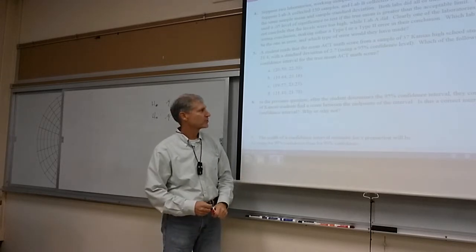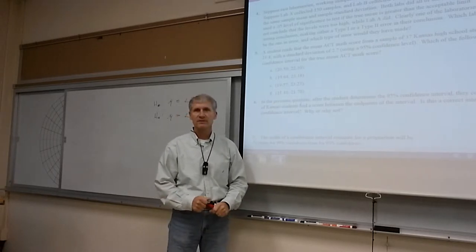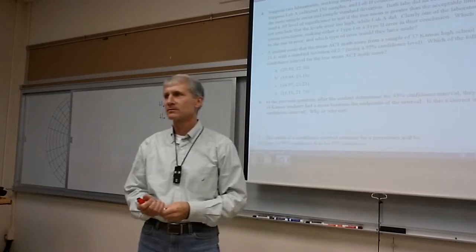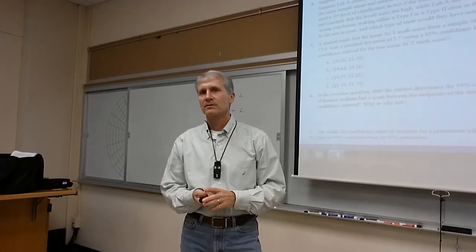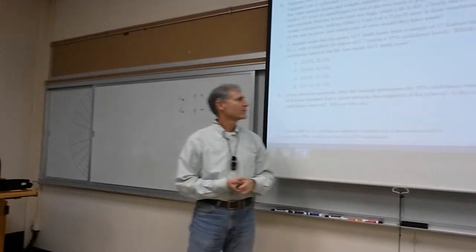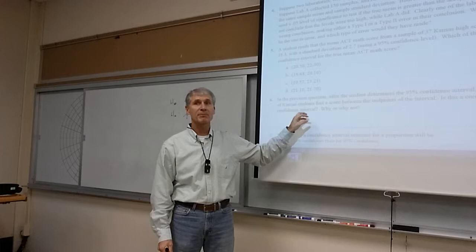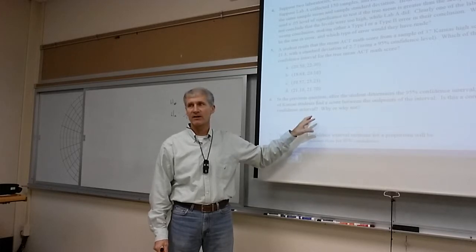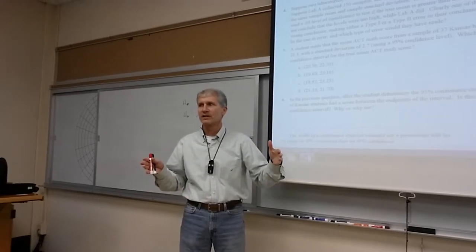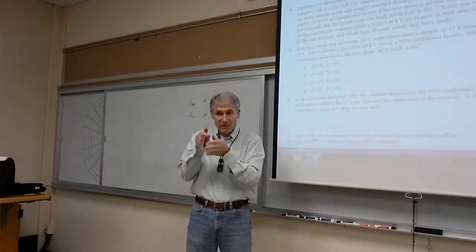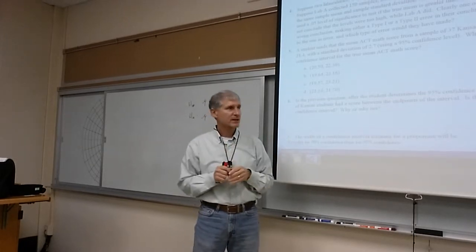Is that the correct interpretation of a confidence interval? No. What is the correct interpretation? That's right. The correct interpretation is we're 95% confident the population mean is in there, not that individuals are in there. It's not 95% of all individuals. It's 95% confident the mean is in there. Okay?